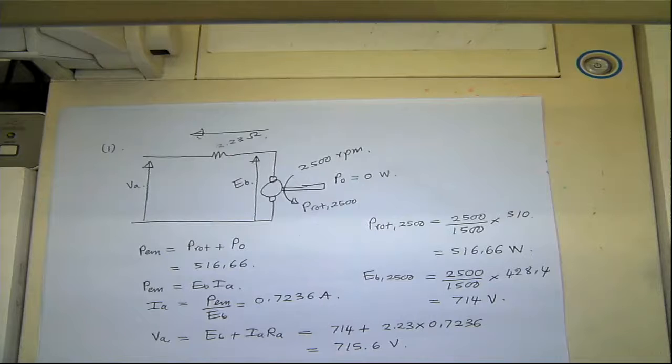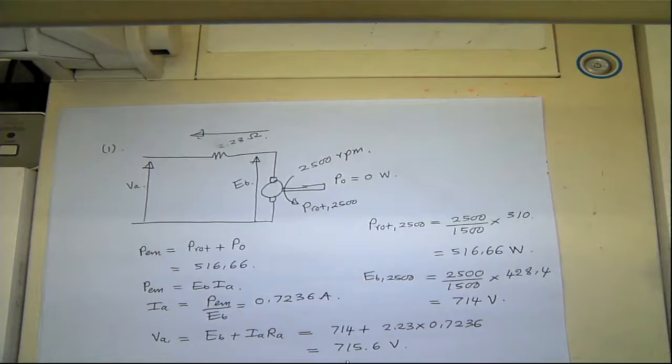So this is the voltage you want, but the second part asks how to achieve field weakening operation.